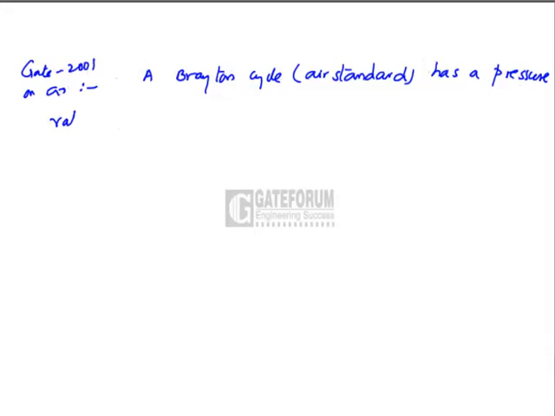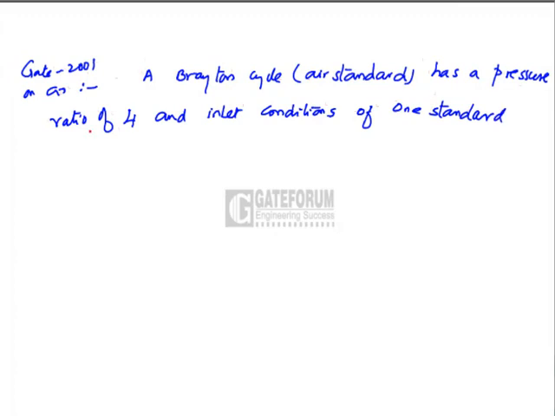The problem is given like this: a Brayton cycle, that is air standard, which means the working fluid is taken as air, has a pressure ratio of 4 and inlet conditions of 1 standard atmospheric pressure and 27 degrees Celsius.